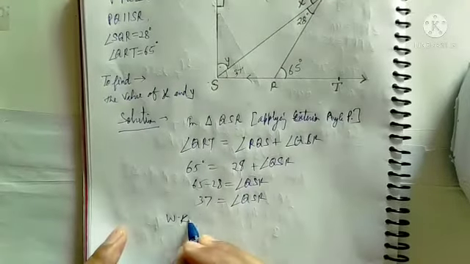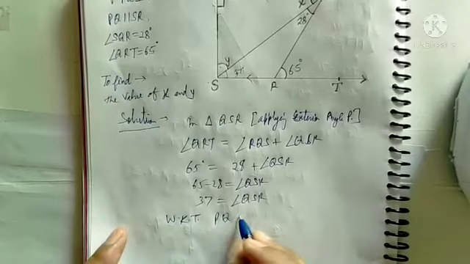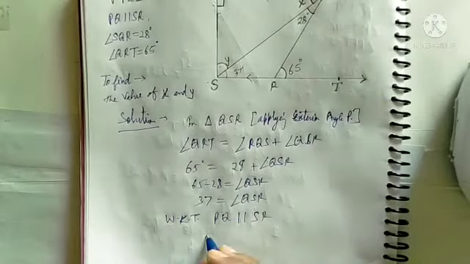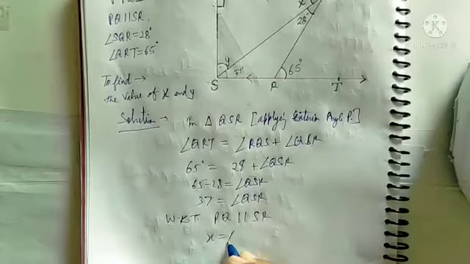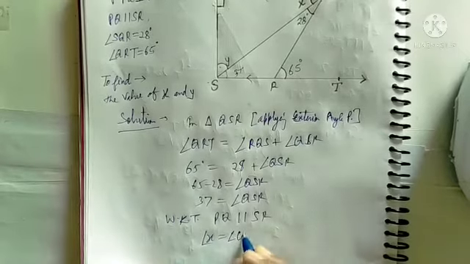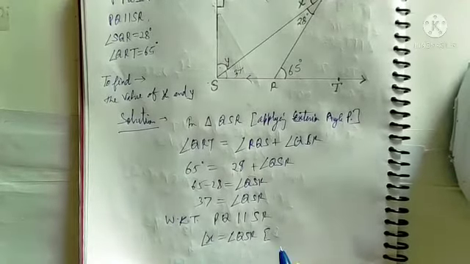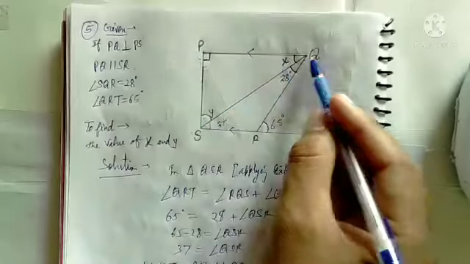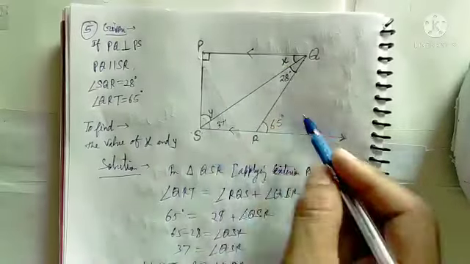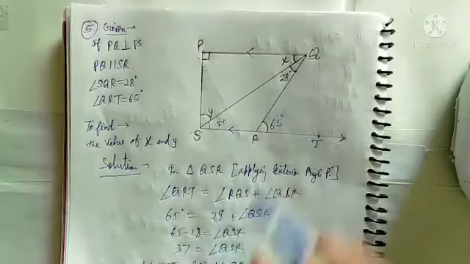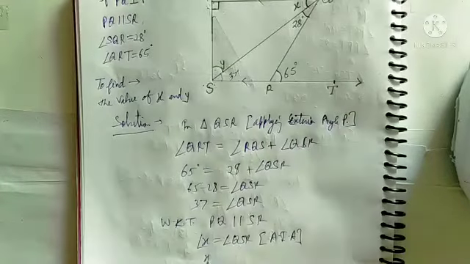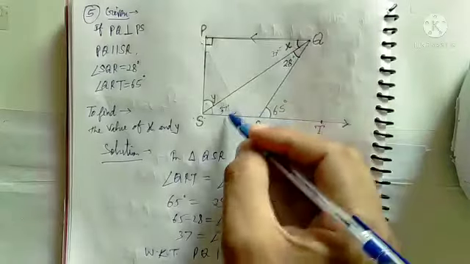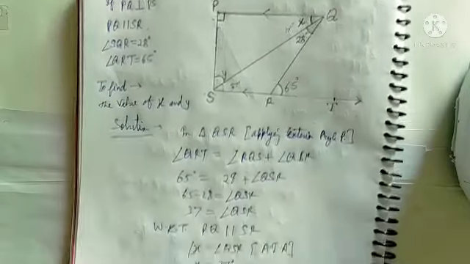We know that PQ is parallel to SR. Therefore, X is equal to angle QSR, alternate interior angle, like a Z between PQ and SR. So X is equal to 37 degrees, because of alternate interior angles.